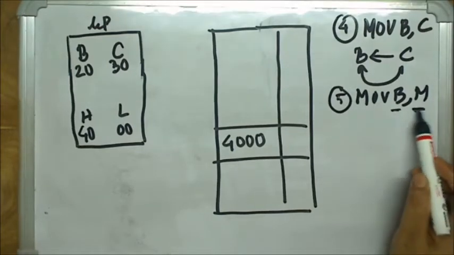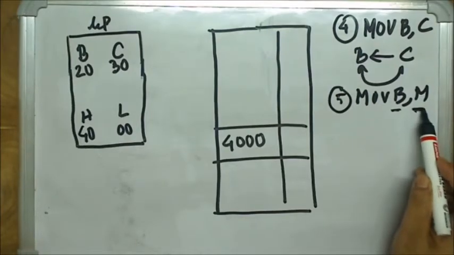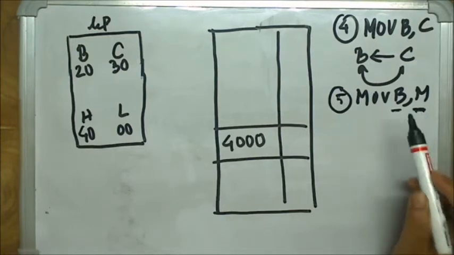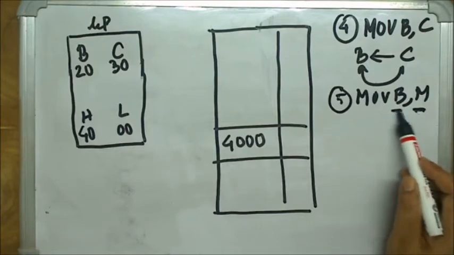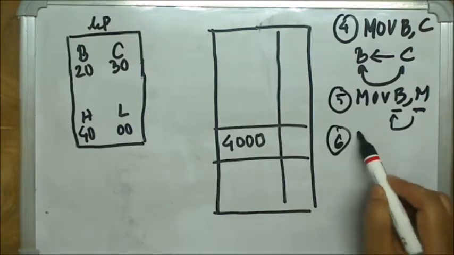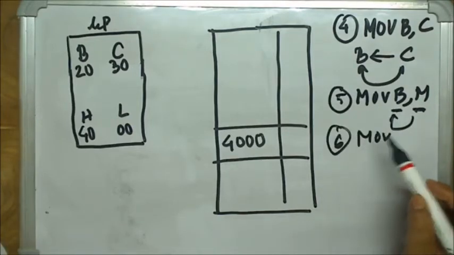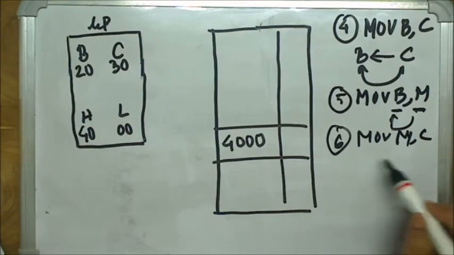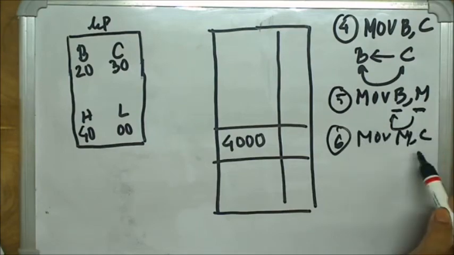What is M? M is the memory location pointed by HL pair. It is referring to the data of the memory location whose address is given by HL pair. So that particular data will be copied to register B. Clear? Now the next instruction is move M comma C. What happens here?